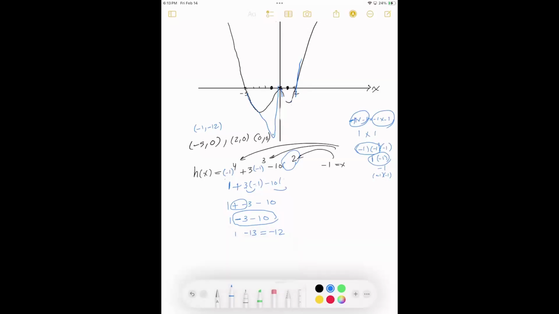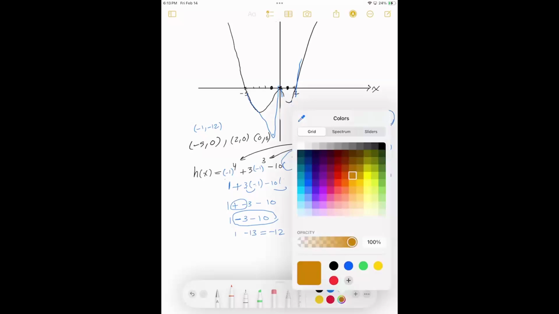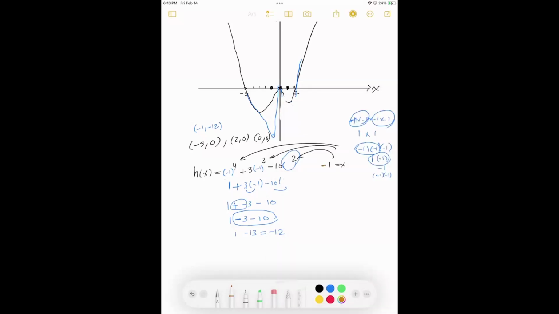This time I am going to substitute positive 1 for x. So this is positive 1. This is positive 1. And this is positive 1. So let's see what we get.